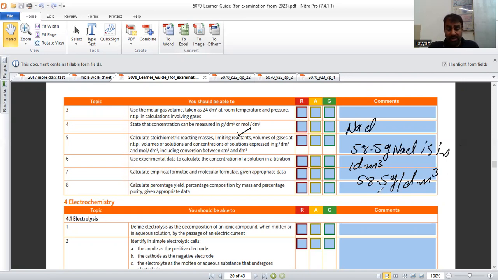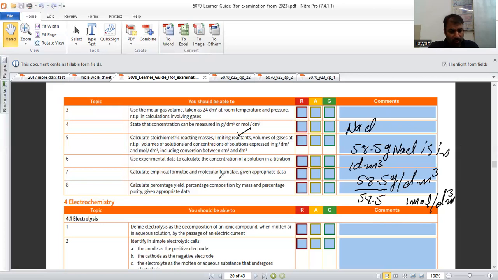In case of NaCl, we say it is formula mass. The formula mass of NaCl is also 58.5. Its mass is 58.5. So you can say the concentration in mole per dm cube is 1 mole per dm cube. Hope you are clear with this concentration concept.